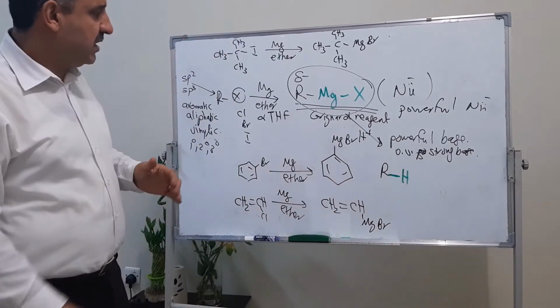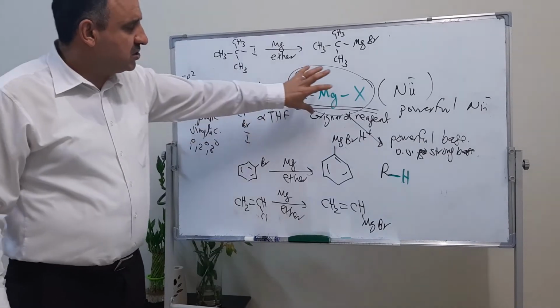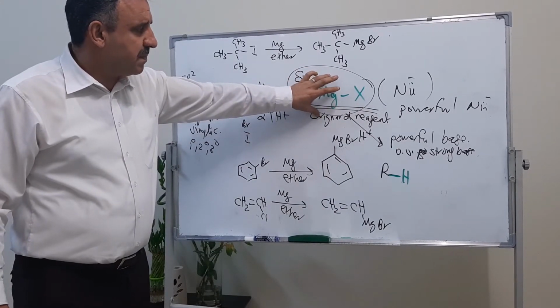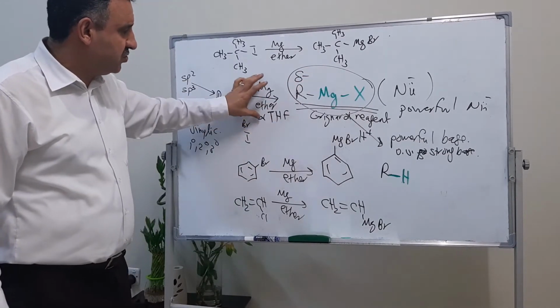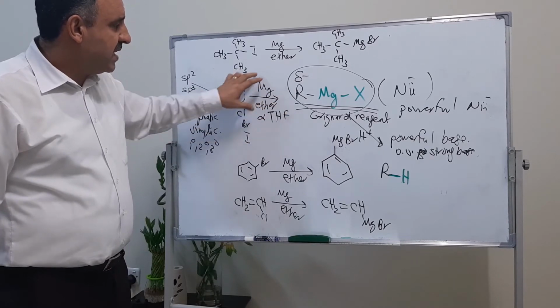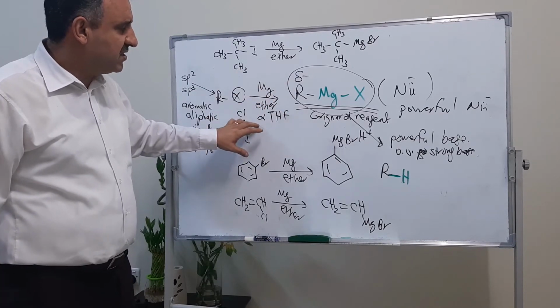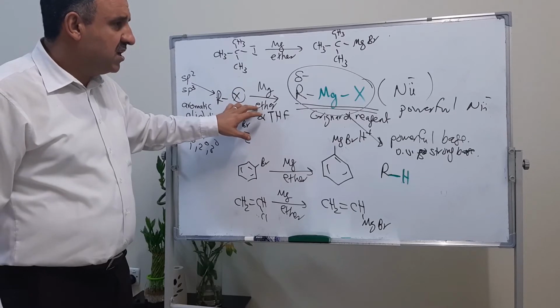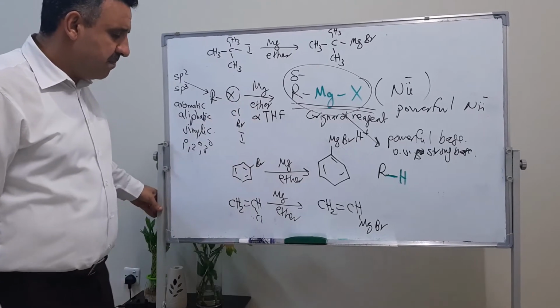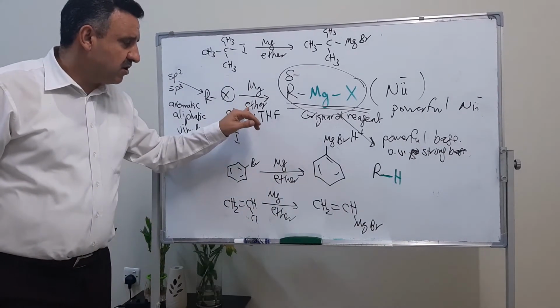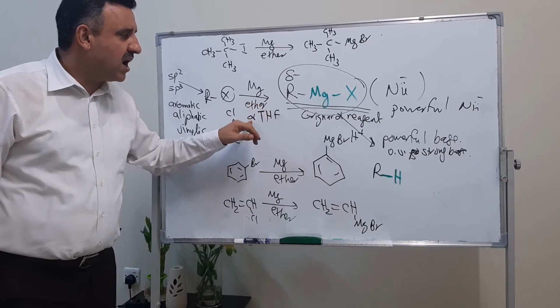And therefore, that's why in order to be able to prepare such a reagent, we need to make sure that the reaction conditions are very dry. And that's why we always highlight the importance of the use of dry ether or dry THF.